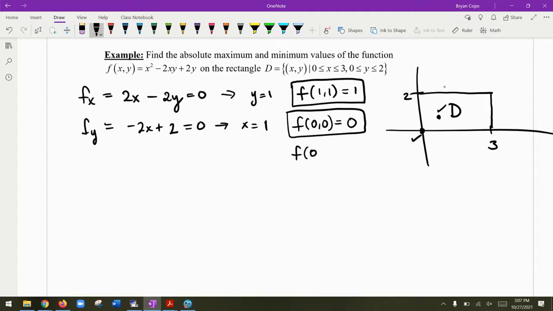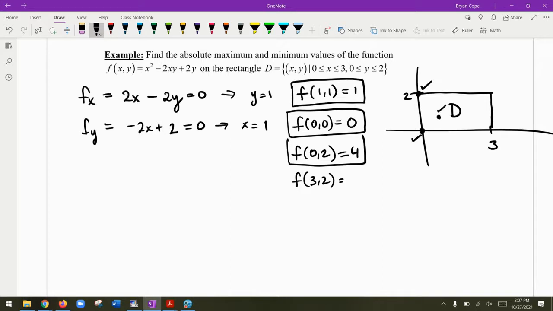Let's check f of 0, 2. What's that? 4, yes. So let's put a check mark here. So I'm just going around. Let's go f of 3, 2. 9 minus 12, negative 3 plus 4.